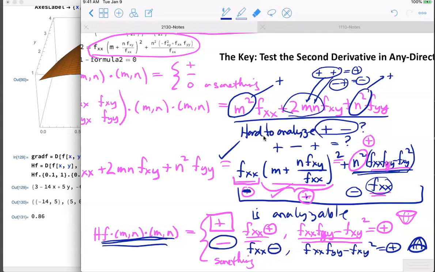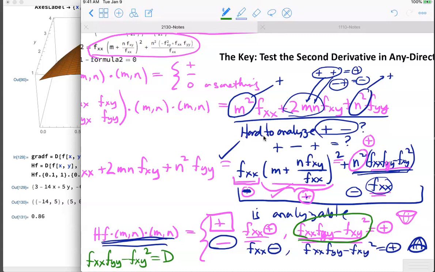There is another case, and a little terminology will be helpful here. This quantity appears often enough, this particular combination of second partial derivatives. This is called D, for discriminant.